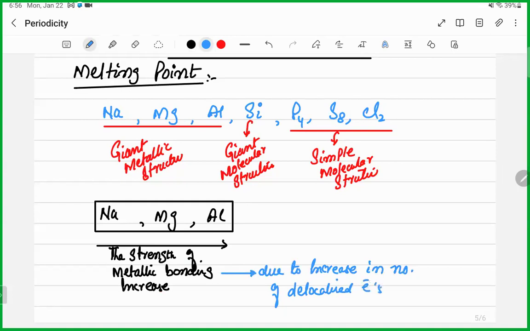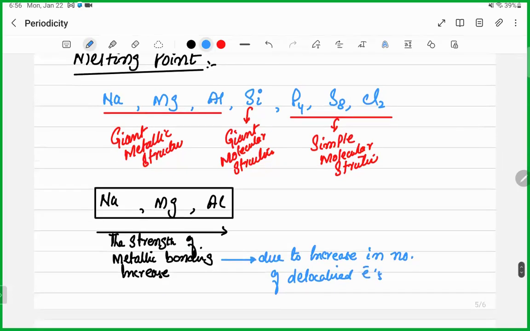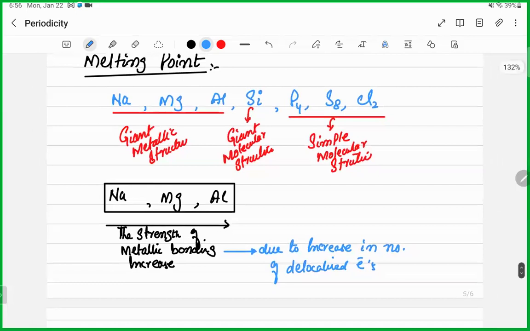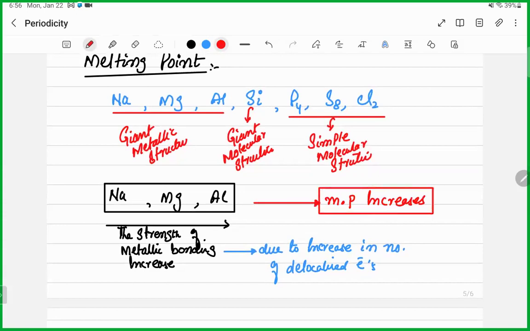Free electrons और the delocalized electrons ज्यादा हैं, तो strength of metallic bonding बढ़ रही है. So can I say that from left to right, from sodium till aluminum, melting point increases, बढ़ जाएगा जनाब melting point. Okay, from left to right melting point increases due to increase in the metallic bonding. और metallic bonding क्यों बढ़ रही है? Because you have more number of delocalized electrons present.